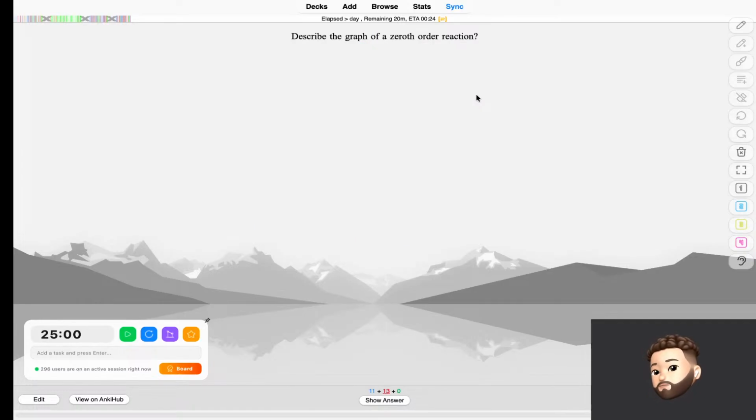Describe the graph of a zeroth order reaction.